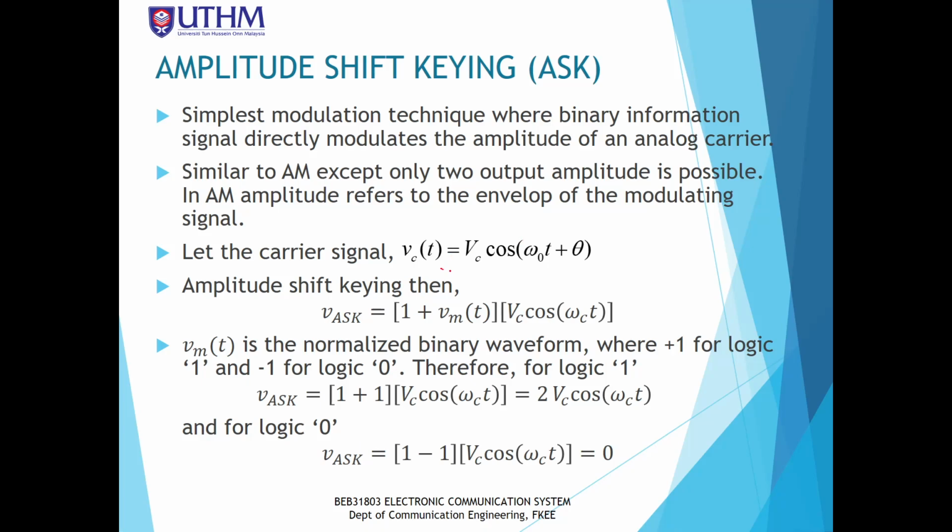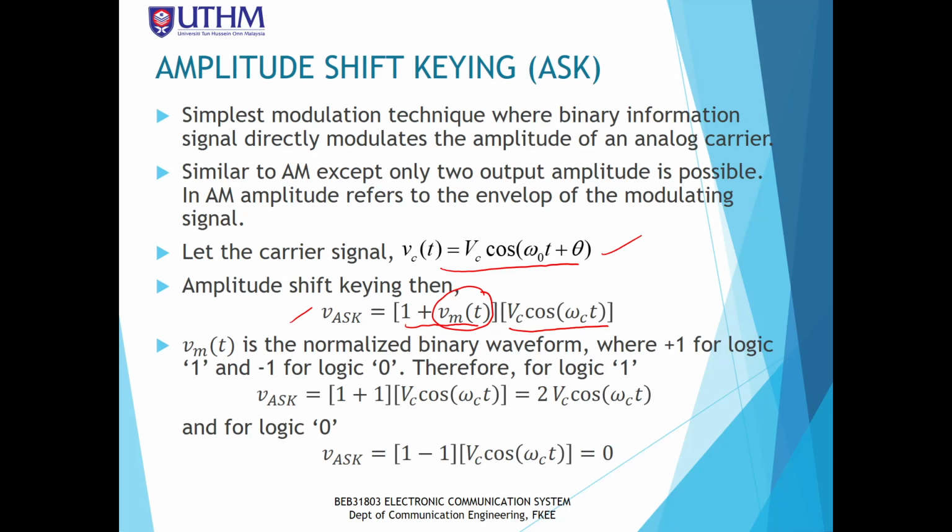For the carrier, we use the carrier equation as VC cos(omega naught t plus theta). Okay, so this is the carrier, and the general equation of the ASK is equal to 1 plus the input VM(t), multiplied with the carrier. Now the changes happen over here.